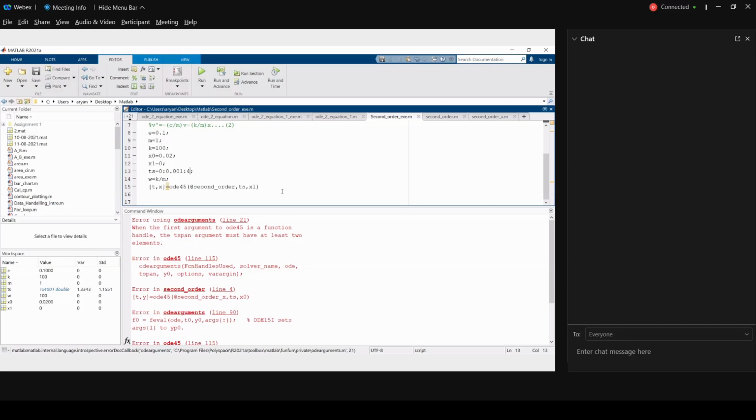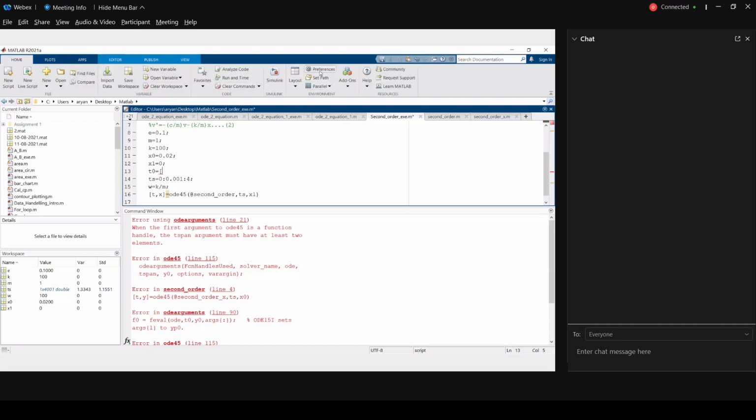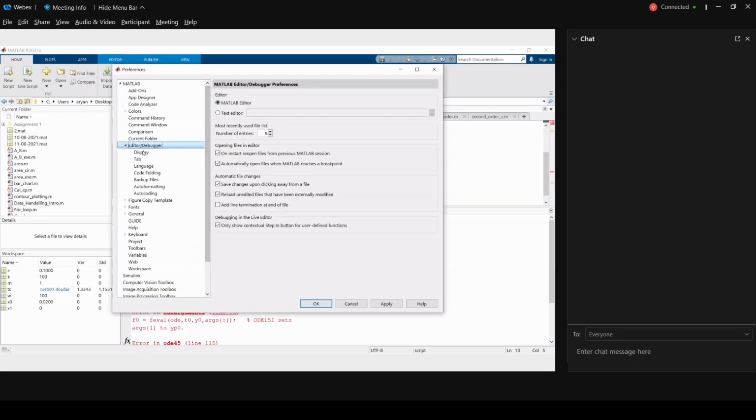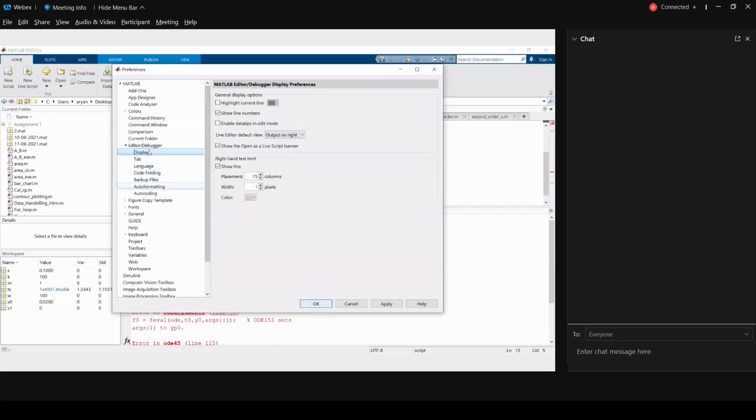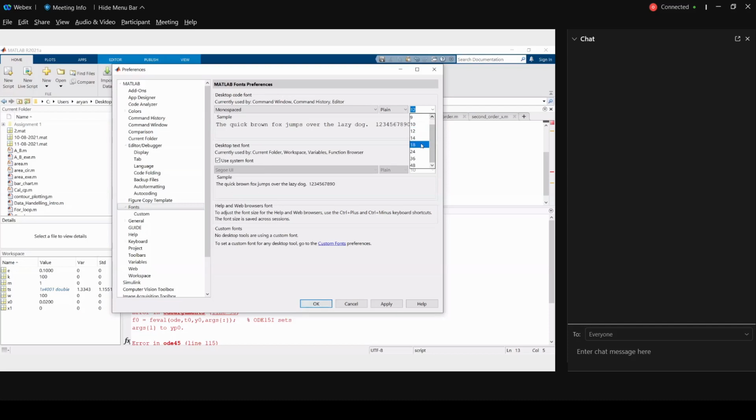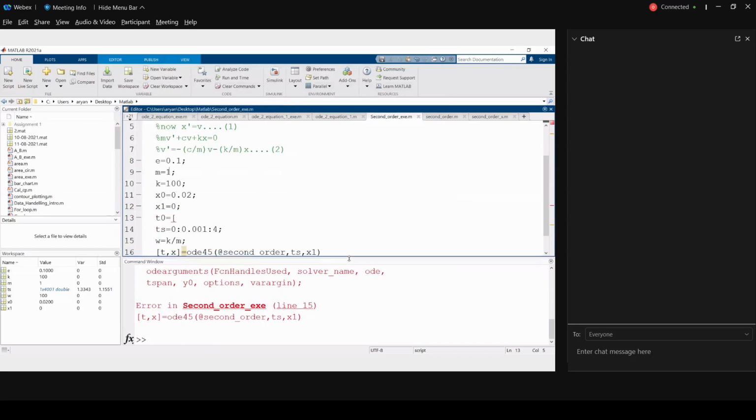So write down T0 equal to square bracket there on line number 13. What have you given, T0 or what? I don't know what the variable is. I am not able to see it properly. You need to go to the font. Go down.